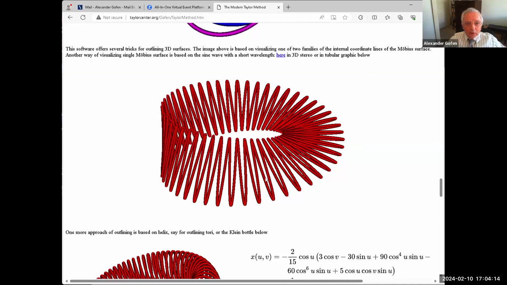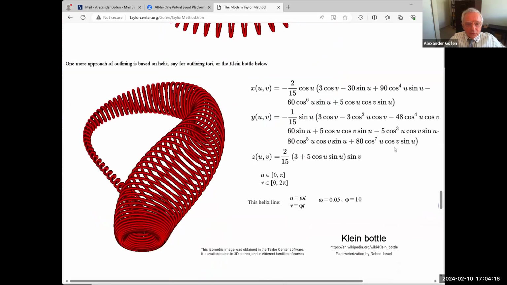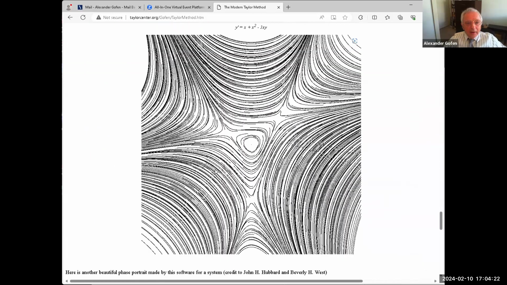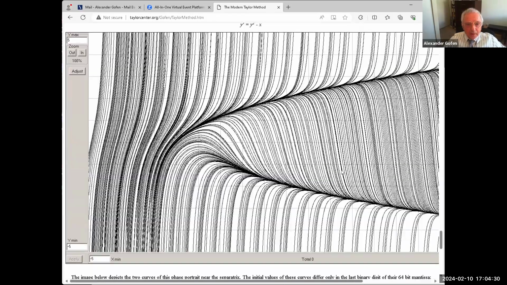This is the outline of a Möbius surface, and this is the outline of a Klein bottle. And here is how the software constructs phase portraits.